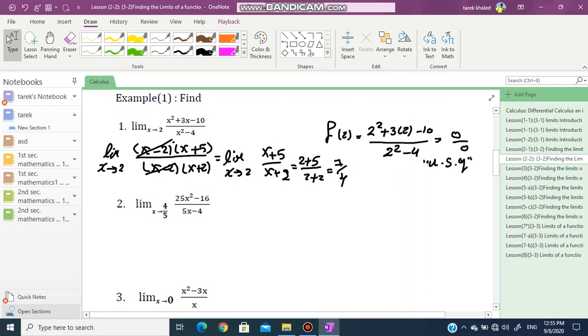The second example, limit x tends to 4/5 of (25x^2 - 16) over (5x - 4).